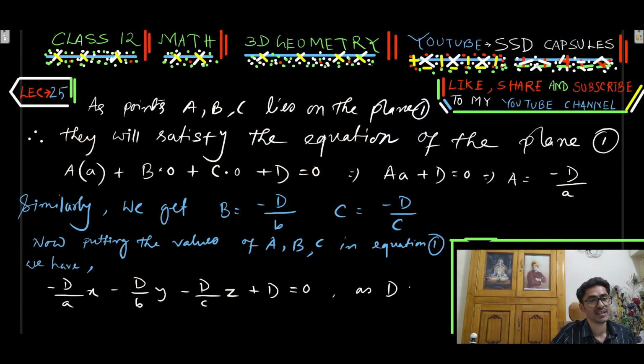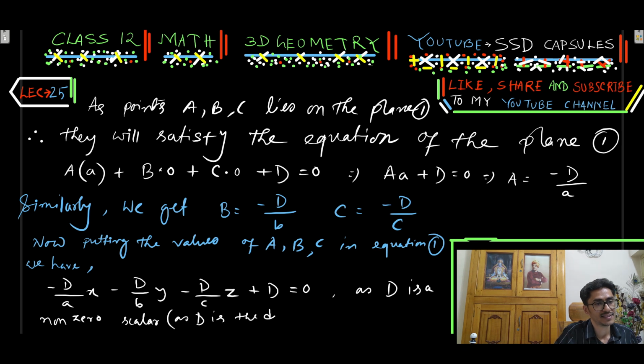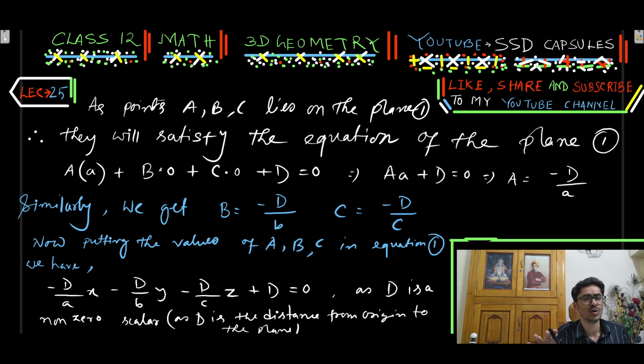As D is the distance from the origin to the plane, it may be 0, but then it's a particular case.